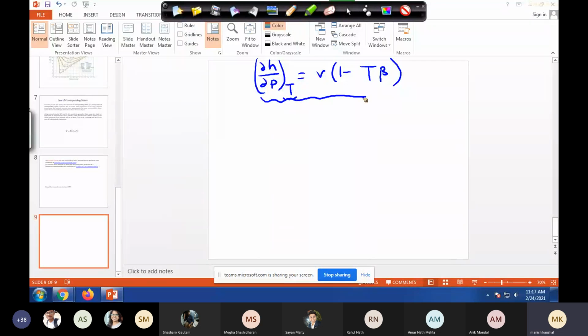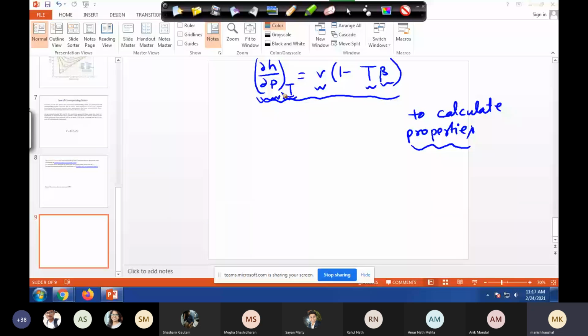So basically we use these relations to calculate thermodynamic properties in terms of what is measurable: you can measure beta, T, and specific volume. Keep in mind that this relation will only work if your temperature is constant.